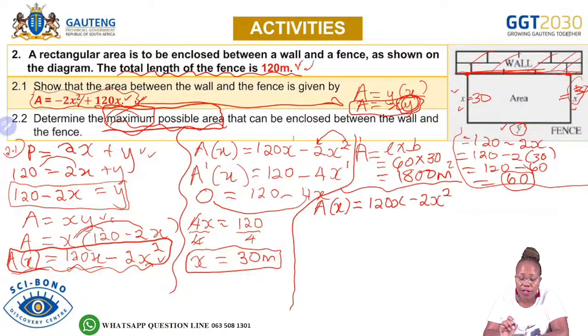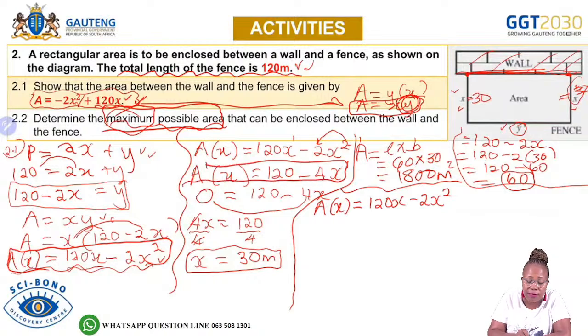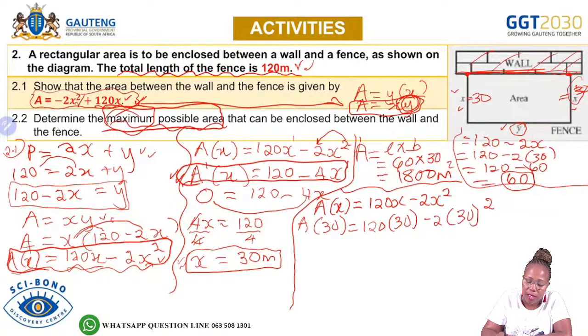And be careful, grade 12, we are using the original equation. You can't use the derivative to find the area. We do not use the derivative to find the area. We always use the original. The derivative is for finding the value of x only, right? And then from here we can substitute the value of x, which is 30: 120 into 30 minus 2 into 30 squared.